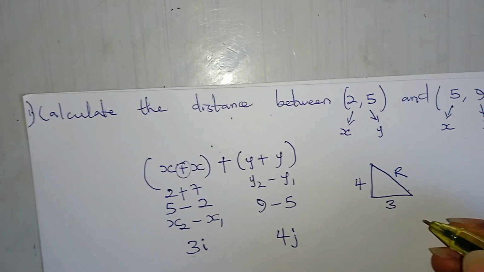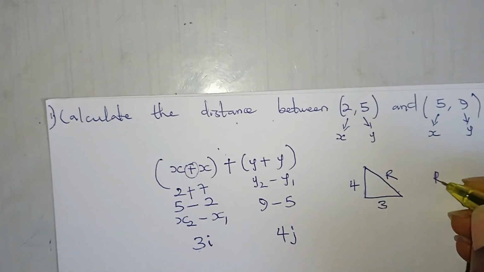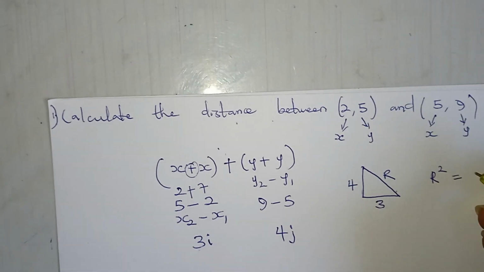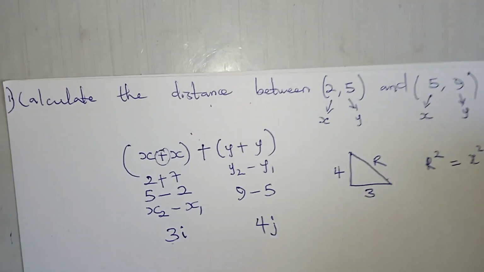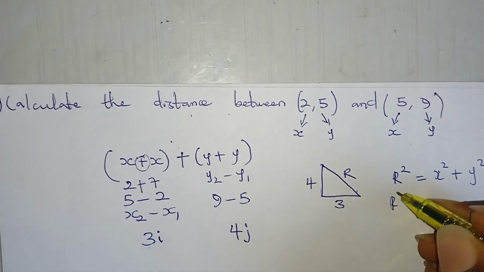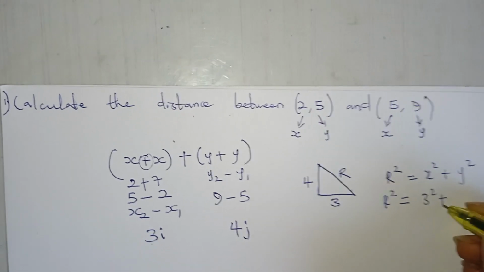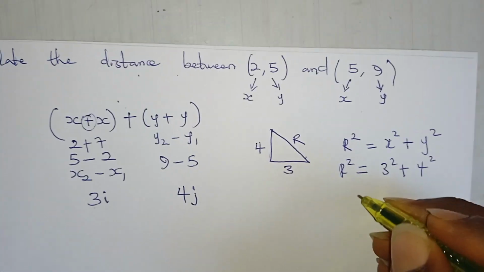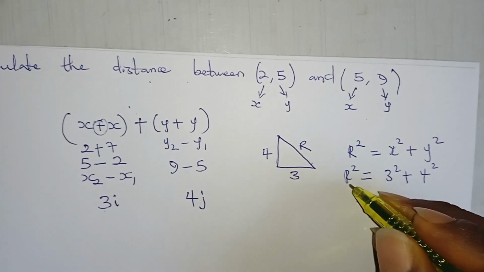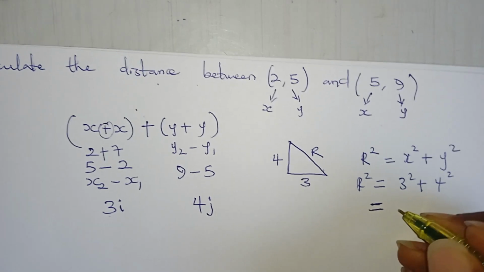So since it's this way, I use Pythagoras to do r square equals x square plus y square. So that this becomes r square equals 3 square plus 4 square. That is the distance. This is also called displacement or distance. And I told you distance and displacement are the same thing when they are not talking about direction.